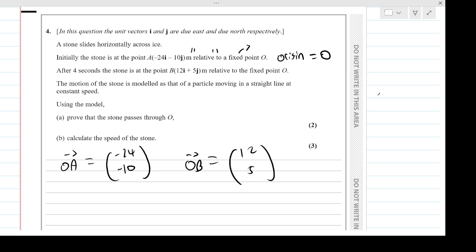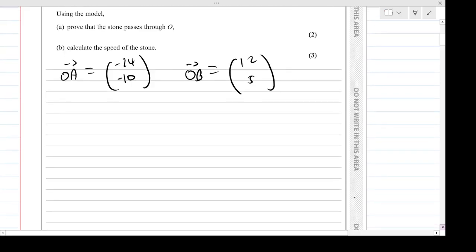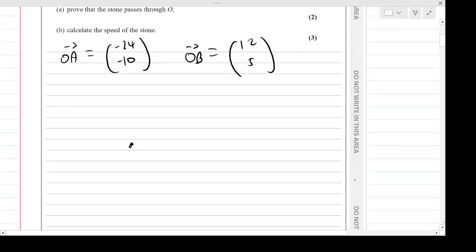Okay, now the other key part is we want to prove that the stone passes through O. So what's happening is the stone starts at a point A and then it ends at B. So if I were to roughly sketch the idea, the particle starts at A and ends at B, right?